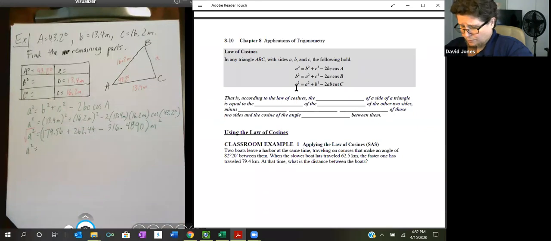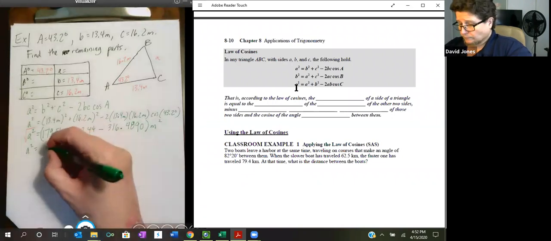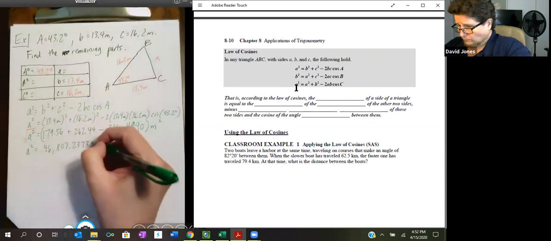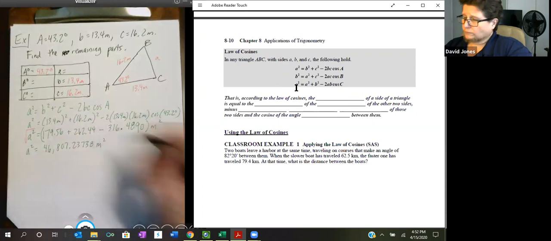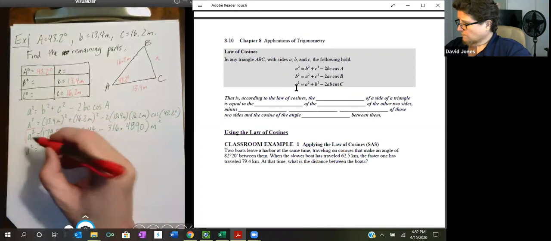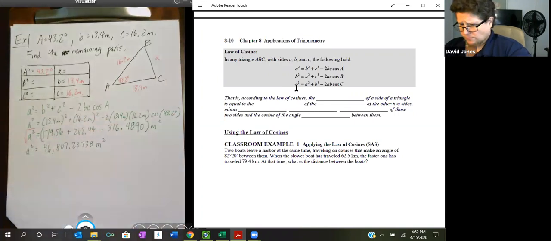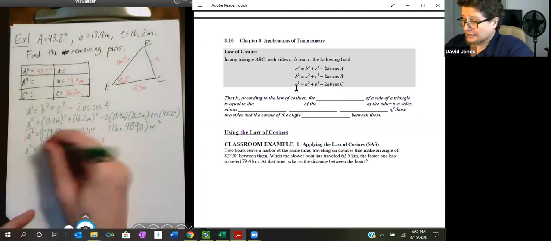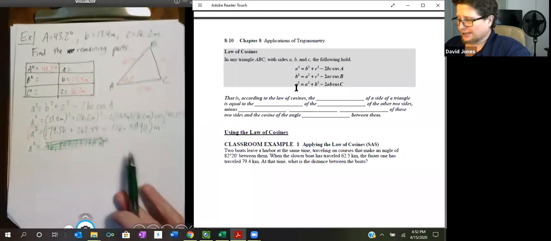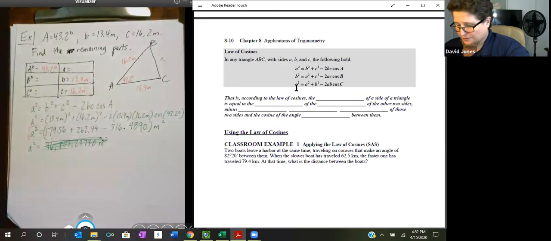So 179.56 plus 262.44 minus my answer. Now we'll take the square root. Oh, I multiplied. 200 and 250 minus 300 should not give me 46,000. That doesn't compute.